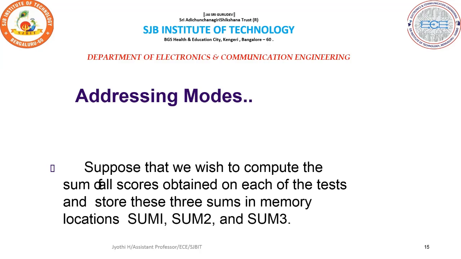When the content of R4 reaches 0, all the student records have been accessed, and the loop terminates. Until then, the conditional branch instruction takes control back to the start of the loop to process the next record. The last three instructions transfer the accumulated sums from R1, R2 and R3 into memory locations sum 1, sum 2 and sum 3 respectively.